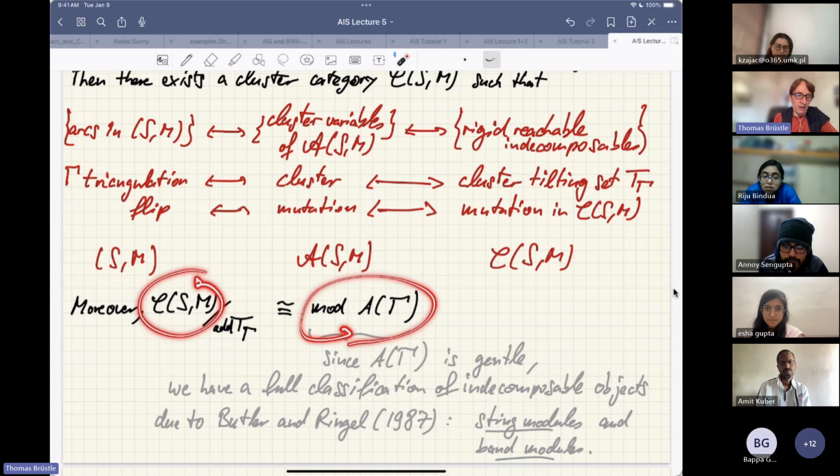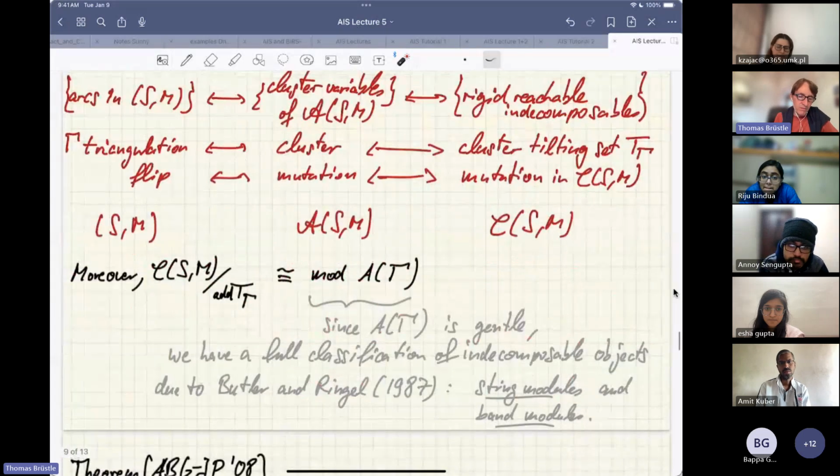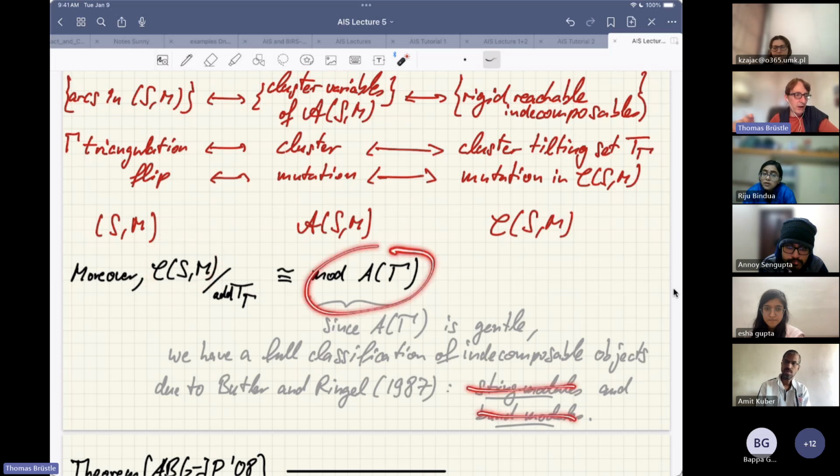So without going into the detail of this construction, which is complicated, we can combinatorially understand the objects of this category because we understand them on this side. And up to finitely many, there's a bijection. So there must be some combinatorics in this cluster algebra that is governed by the combinatorics of string and band modules. That's the main idea for now. Is that okay?